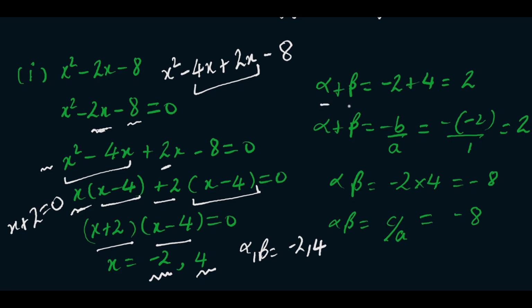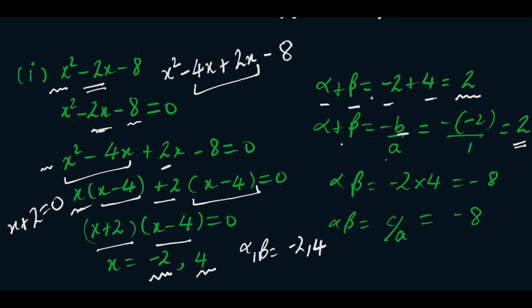Now our alpha plus beta will be minus 2 plus 4, which is equal to 2, and we know alpha plus beta is equal to minus b by a. Here our b is minus 2, so we write minus of minus 2 divided by a, the coefficient of x square, which is 1, so it is 2.